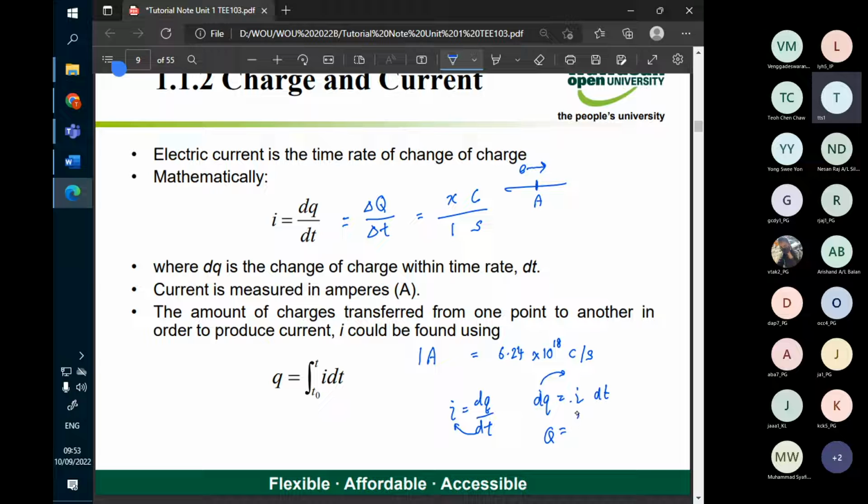So q becomes the integral of I dt from t equal to 0 to t. This is how they define the charge. You can calculate the total amount of charge flowing through a circuit, given a certain current over a certain time.